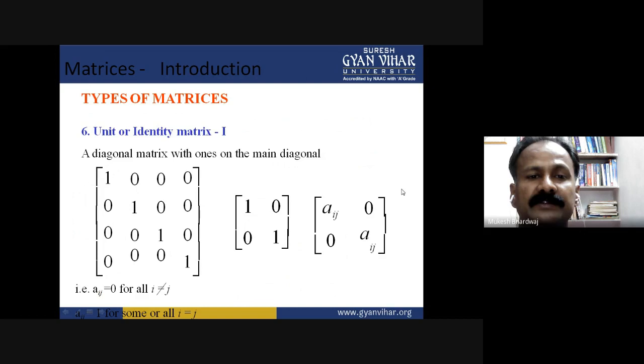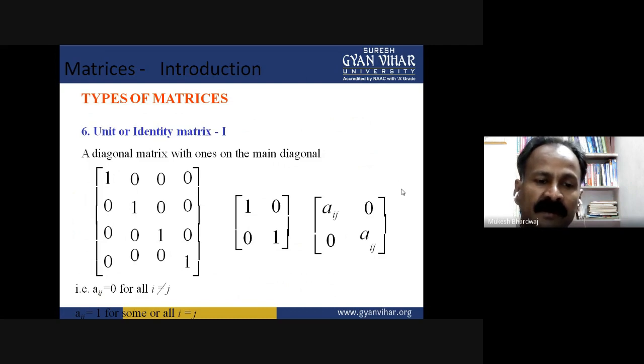Unit matrix or identity matrix, denoted by capital I, is a diagonal matrix with ones on the main diagonal. Specifically, we can say a diagonal matrix in which all the elements of the principal diagonal are 1 is said to be a unit or identity matrix.